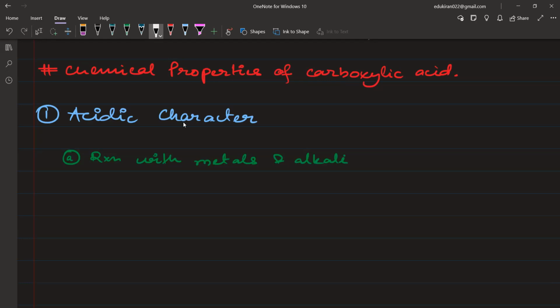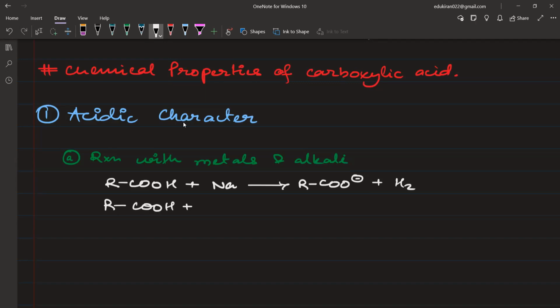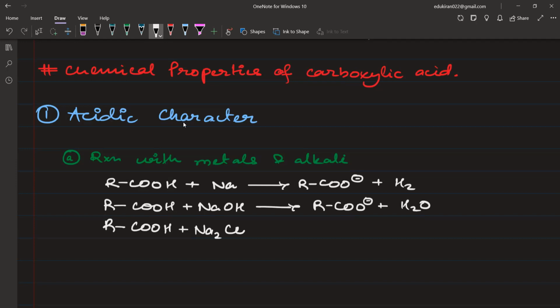Here you have RCOOH plus any of the reactive elements, Na, it is going to give you RCOO negative, and it will liberate hydrogen gas. If you have carboxylic acid with alkali sodium hydroxide, you are going to get RCOO negative plus water. If you have RCOOH with Na2CO3, you will get again the carboxylate.